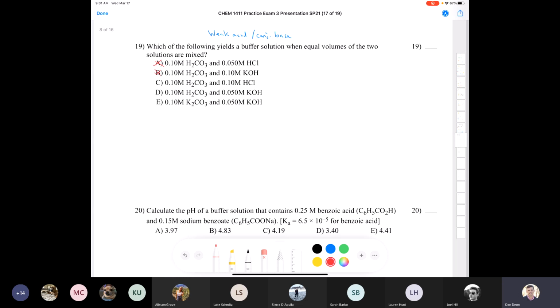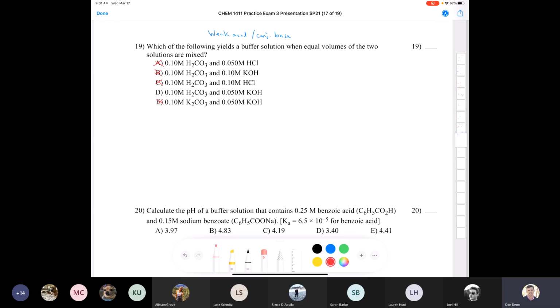So that is not going to make a buffer solution. If we look at the next one, we have two acids, carbonic acid and hydrochloric acid. And if we look at E, we have potassium carbonate and potassium hydroxide, both of which are bases. But if we look at D, we have carbonic acid and potassium hydroxide.